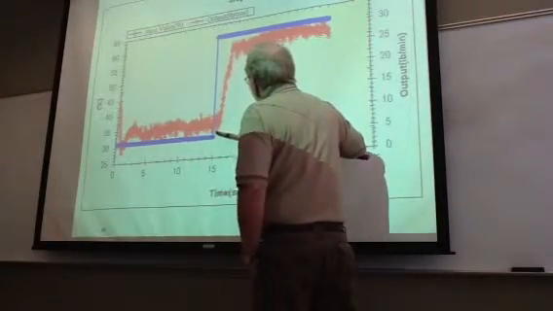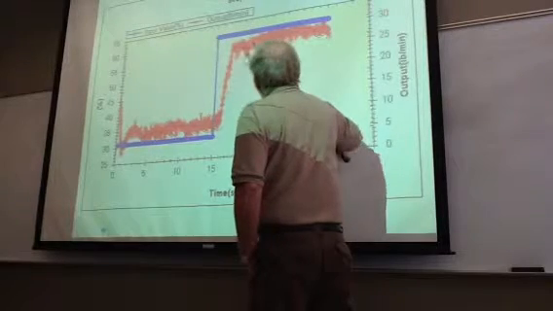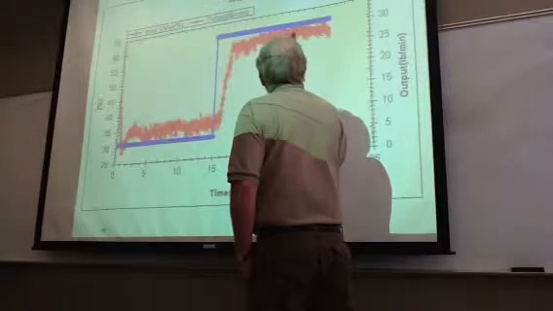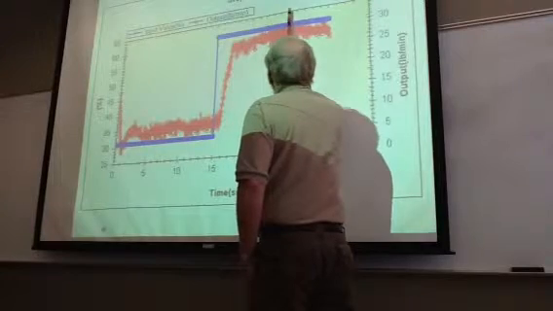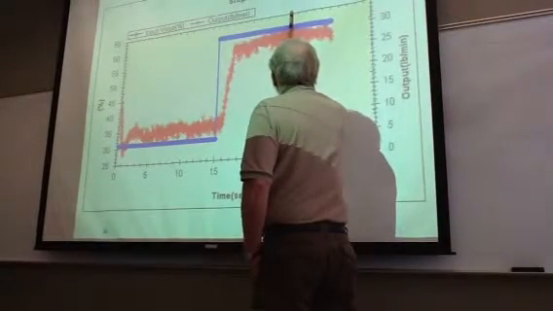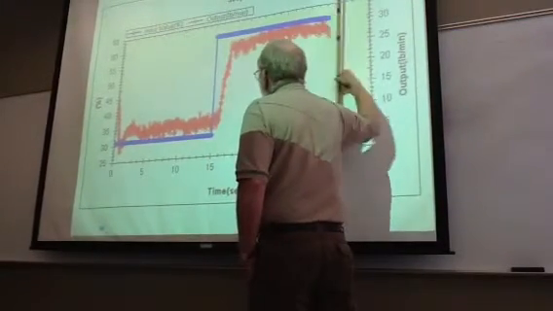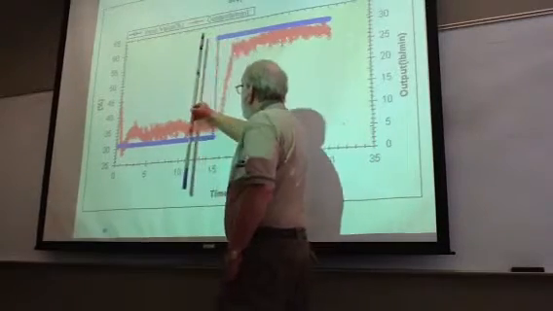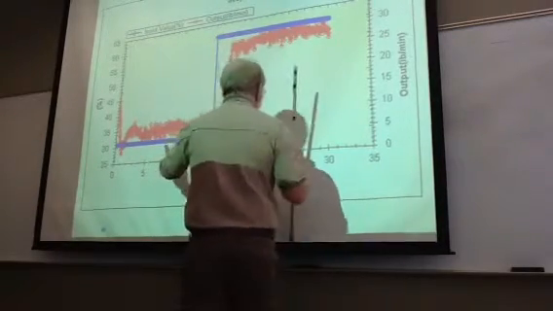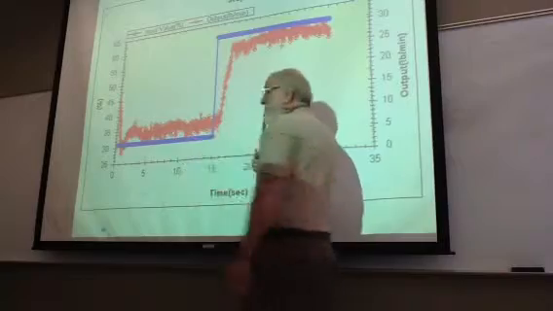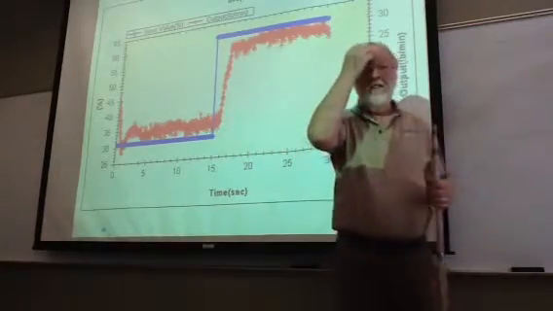And then it reaches some steady value over here, so let's say 25 seconds it's steady. Cross all that out, and maybe before 10 seconds. So I would crop this between 10 and 25 seconds in doing the analysis.